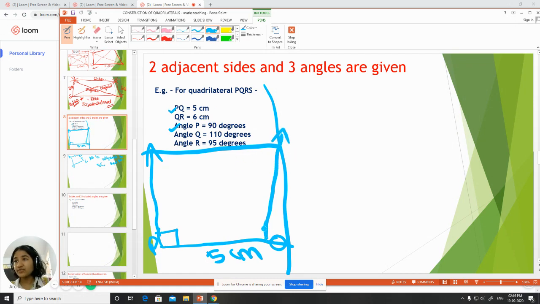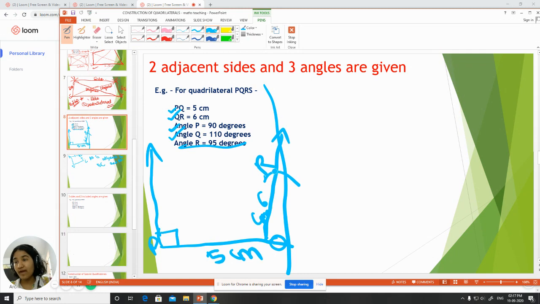So with the help of your rough figure drawing, with the help of your compass and ruler, we are going to cut an arc from here 6 centimeters. This will be your R, which will be of 6 centimeters. Next, angle Q is 110 degrees, done. QR is 6 centimeters. Angle R is 95 degrees.